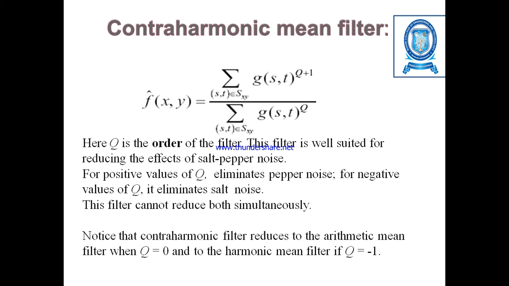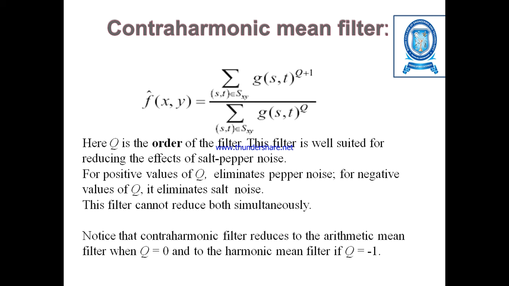If Q is positive, it eliminates pepper noise, and if Q is negative, it eliminates salt noise. By checking whether Q is positive or negative, we can eliminate pepper noise or salt noise. This filter cannot reduce both at the same time, which is one of the drawbacks of the contra-harmonic filter.